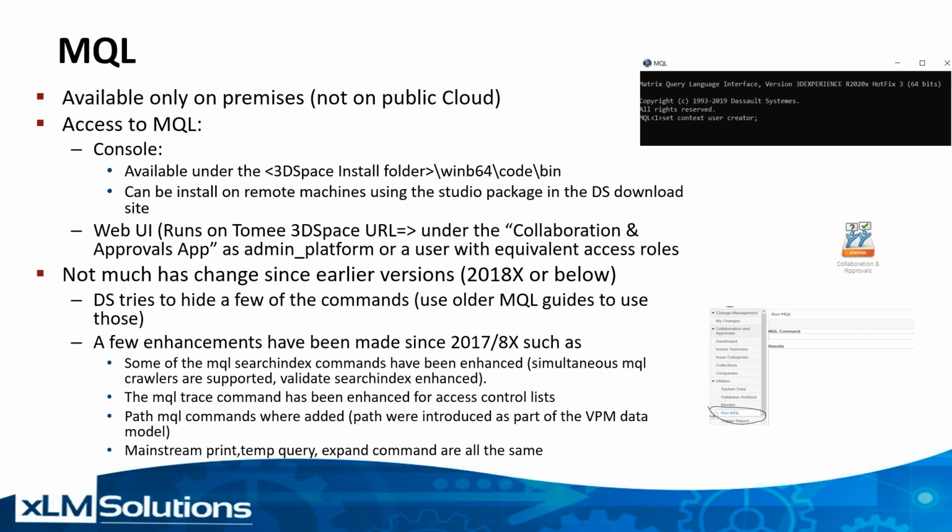For example, we were manipulating data, and when we did it directly through the MQL executable, the data wasn't coming in correctly. We realized that our database connection from the client was using a different character set than the server was. Once we made those character sets the same, everything worked. Not to get too much into details, but you could see different behaviors based on how you run the different MQL tools or where you run them from.